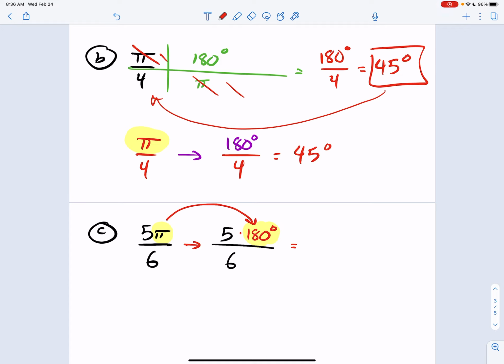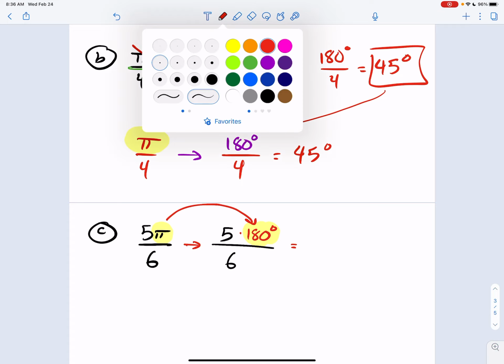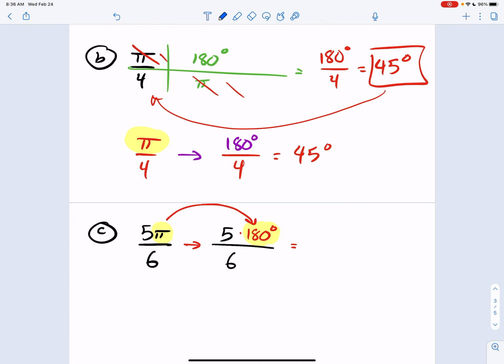Once you multiply this one out here, you can multiply this out using your calculator, but if you want to be a little bit quicker with it, here's the strategy. I know that 6 goes into 180 in a very clean manner. 180 divided by 6 is actually 30. And then 5 times 30 is 150 degrees. Now, some of you might have multiplied across 5 times 180. What the heck is that?